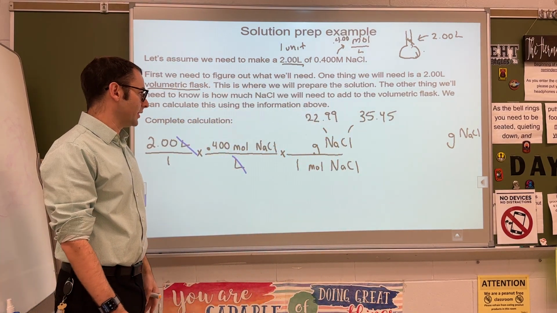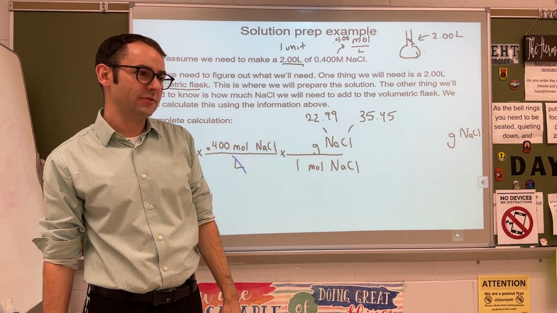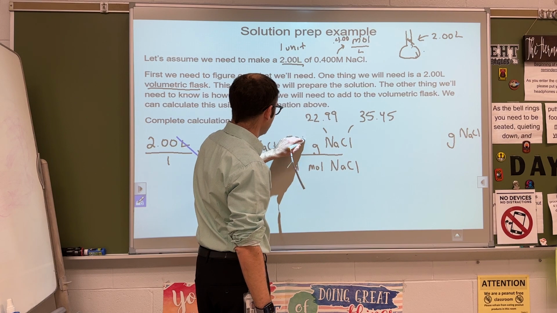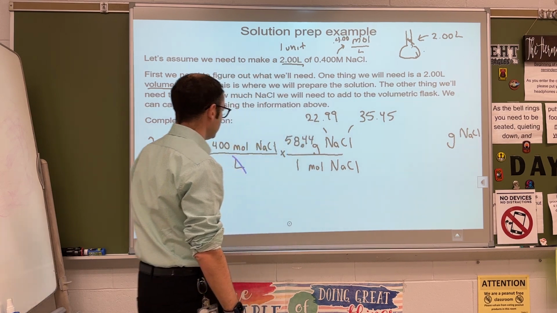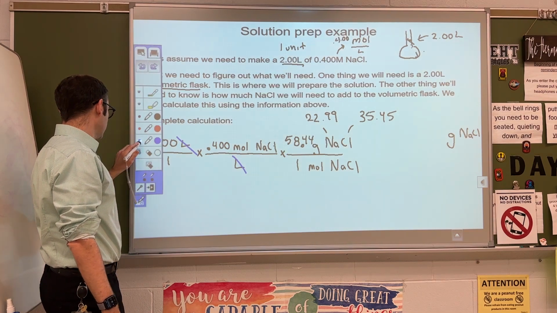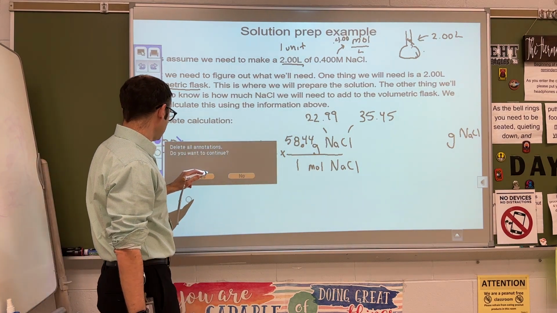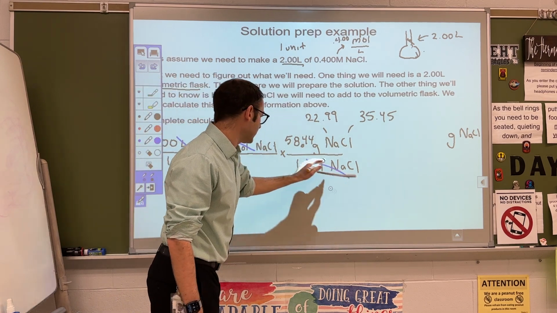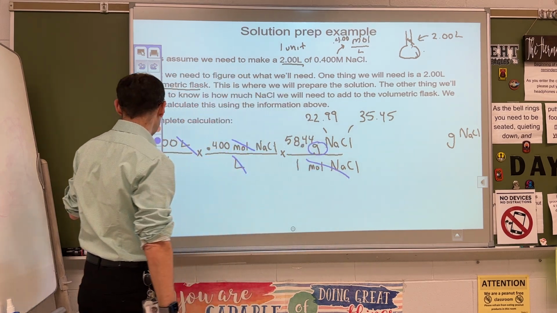So what does that make it? Oh gosh, math. 58.44. All right. And now the moles are going to cancel out, leaving us with grams, which is what we're looking for.